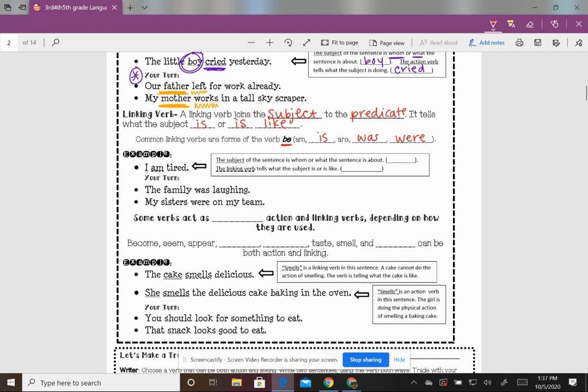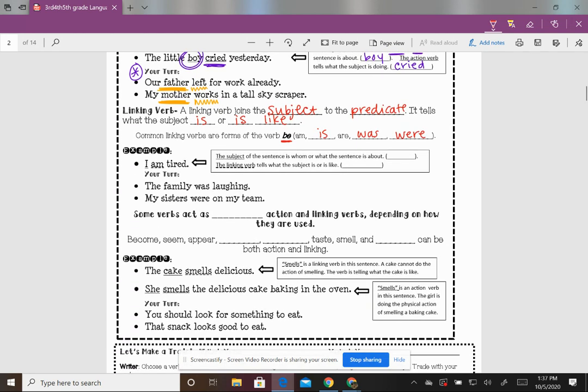Linking verbs join the subject to the predicate. Now, for the example, I am tired. The subject of this sentence is whom the sentence is about. For example, this time it's I. The sentence is about I. And instead of giving an action, the linking verb tells what the subject is or is like.